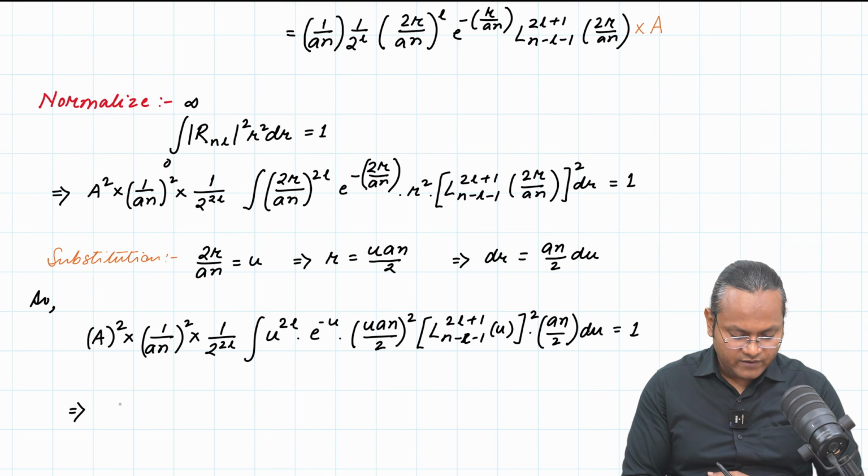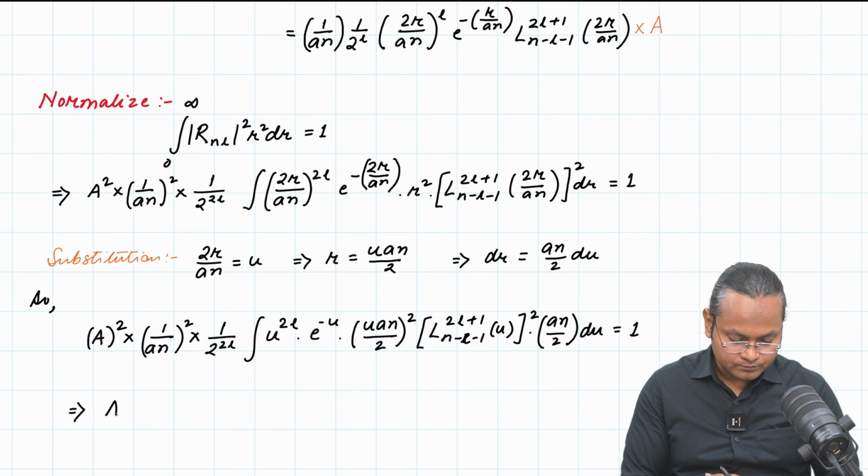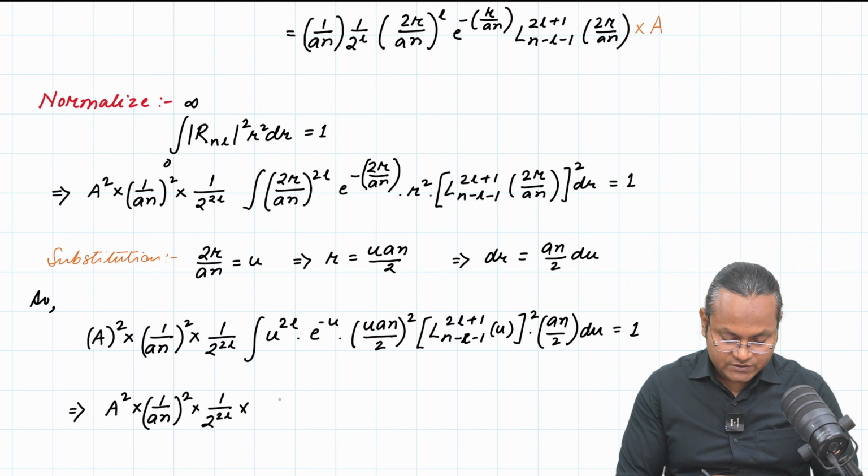This further simplifies to A squared times 1 upon an squared times 1 upon 2 to the power 2l times (an upon 2) squared times an by 2.